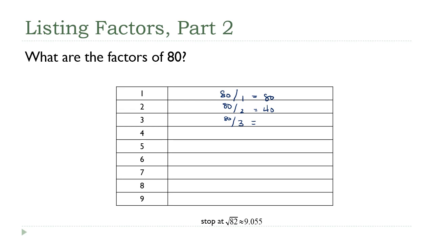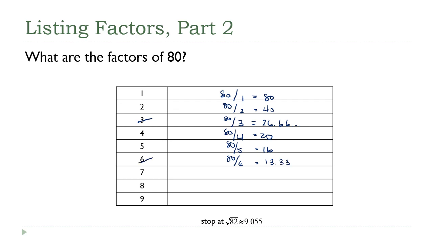80 divided by 3 is 26.66 repeating. So that one doesn't count. 80 divided by 4 is 20. 80 divided by 5 is 16. 80 divided by 6 is 13.333.